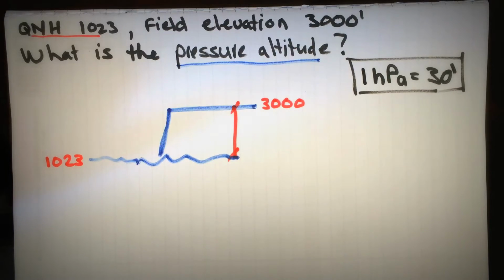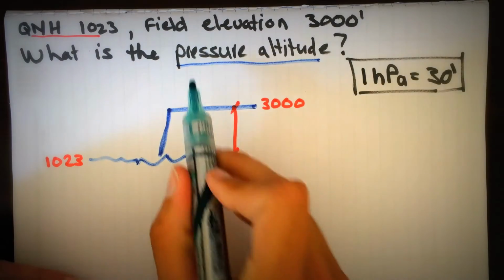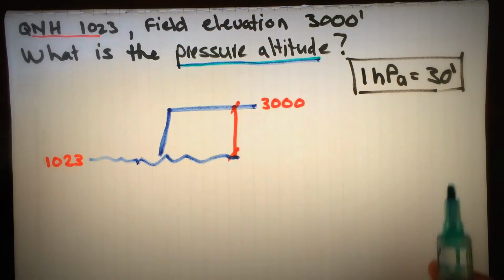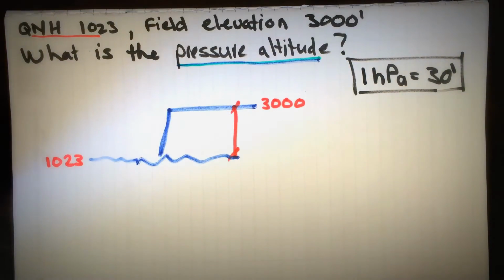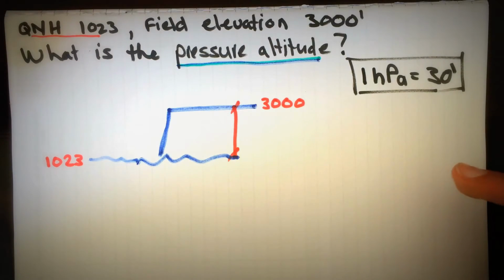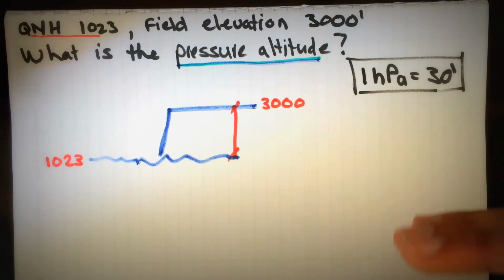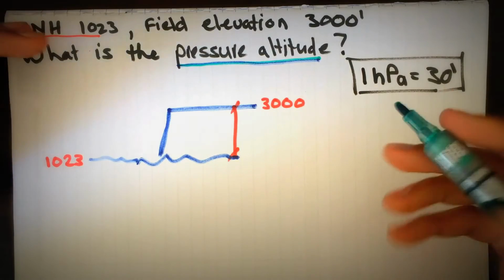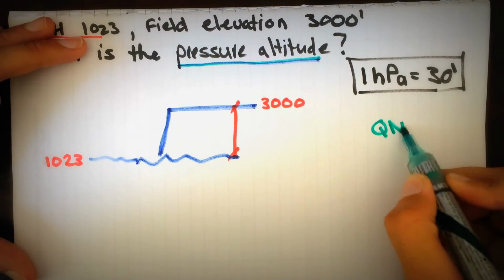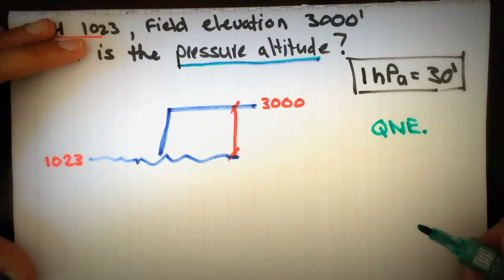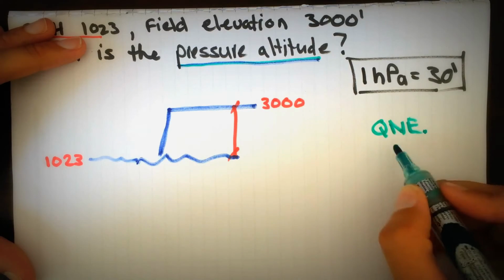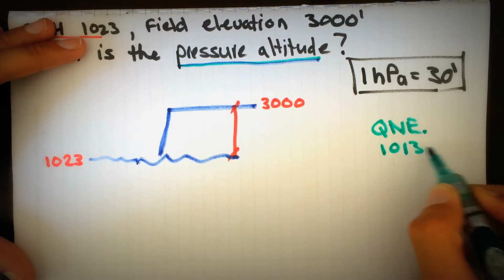Then the next question that I want to ask you is, what is this pressure altitude? What are we talking about when we talk about pressure altitude? Pressure altitude is the height of something above the standard, above what is known as QNE. Now QNE is 1013.2.